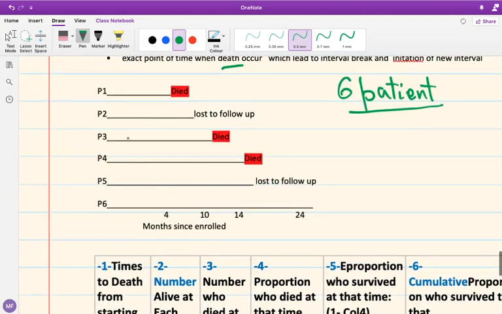Let's assume that these 6 patients are being followed for 24 months, and this 24-month duration is elaborated over here because at the 24-month time the last patient has also died.